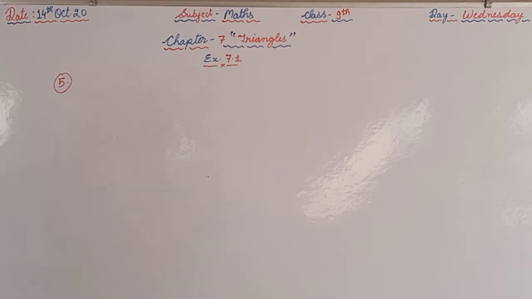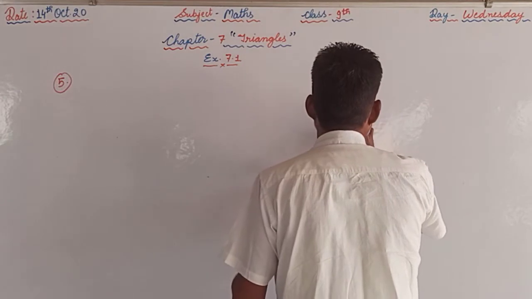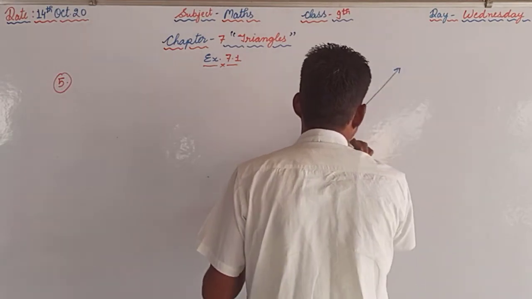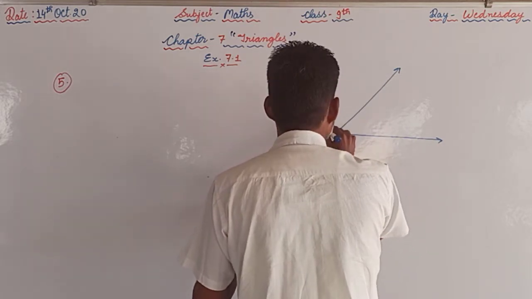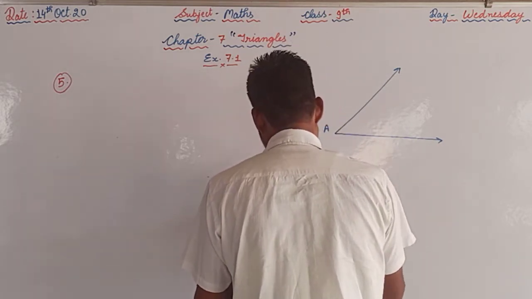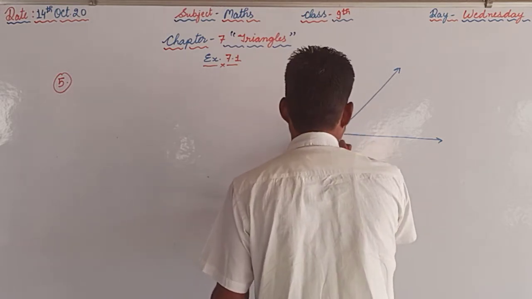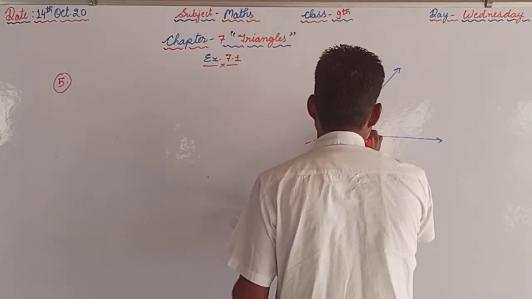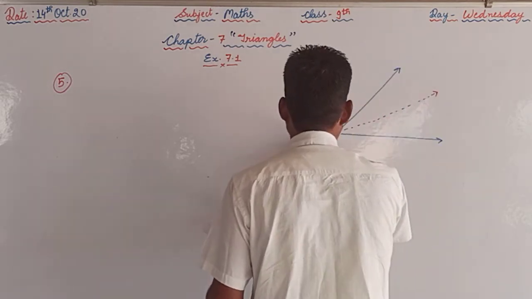So one angle is given like this, that is angle A. Angle A is given, and line L is the bisector.